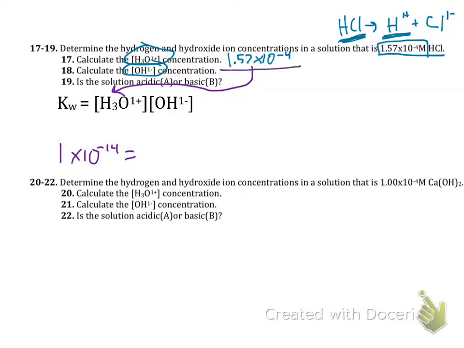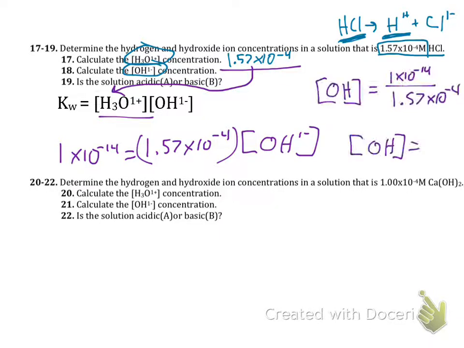Then we can plug in this value into this equation. Then we can use some simple algebra to solve for the hydroxide ion concentration. And then we can just plug this into our calculator to figure out what the hydroxide ion concentration is.